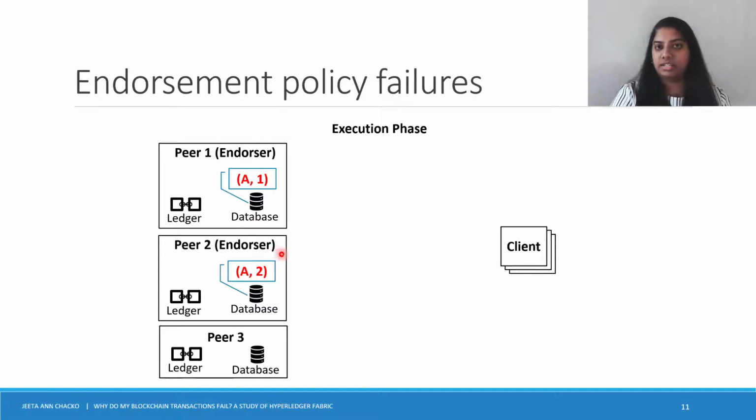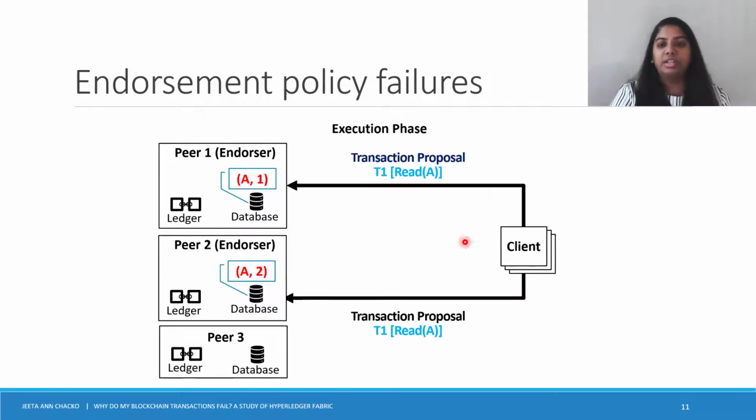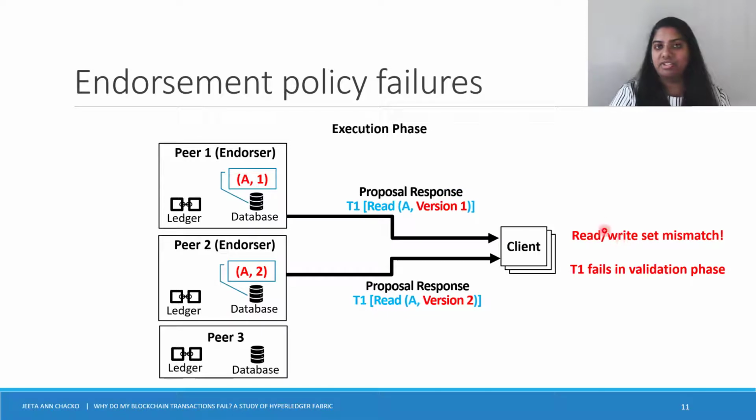When such inconsistent states occur and a client sends a transaction, for example, read A, to both the endorsers, the read-write set generated by the endorsers would have a version mismatch, and in the validation phase, this transaction will fail. This is the endorsement policy failure.